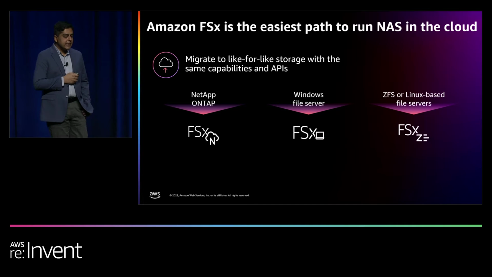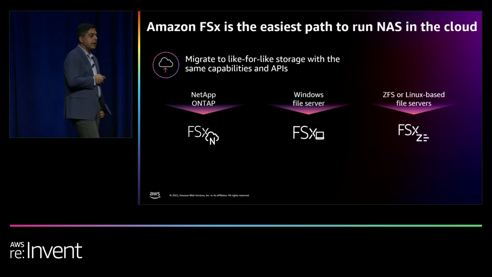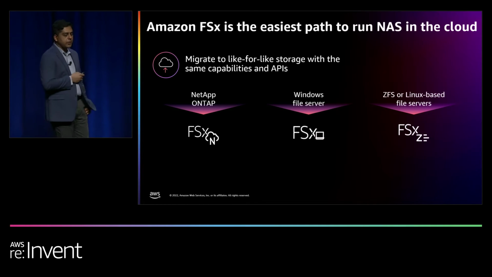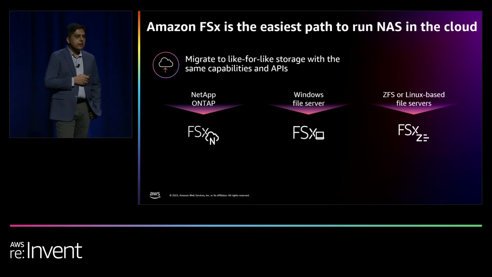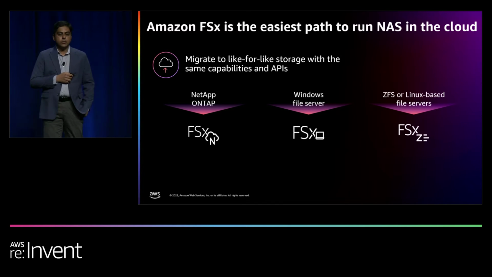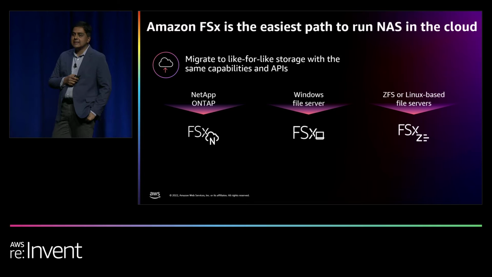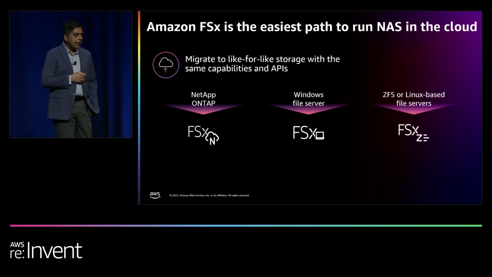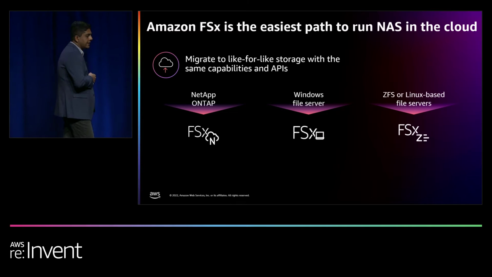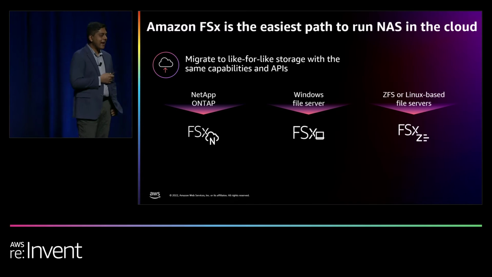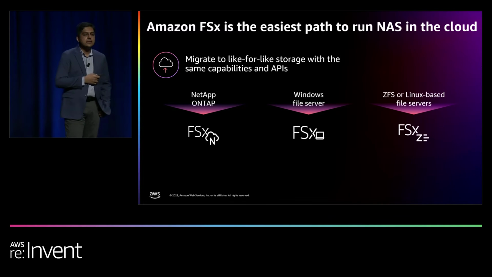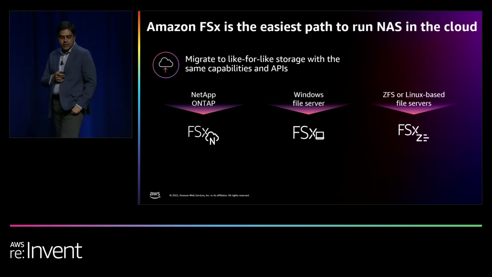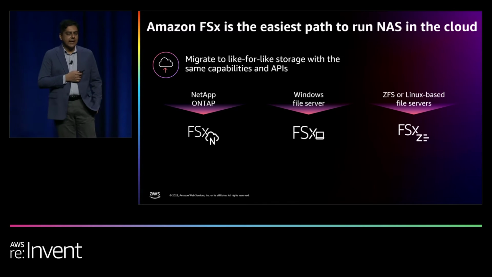FSx is really the easiest path to run NAS in the cloud, and it does this in 2 different ways. It makes it really easy for you to migrate to like-for-like storage with the same capabilities and APIs that you've been used to over time. For example, let's say you're running a NetApp ONTAP NAS deployment on premises. If you want to move your NAS to the cloud, you just move it over to FSx for NetApp ONTAP.